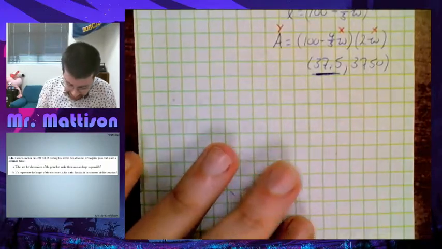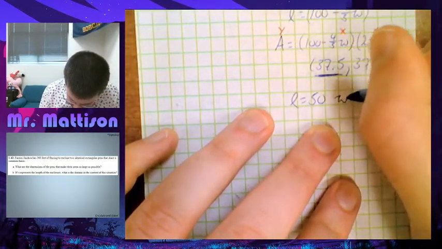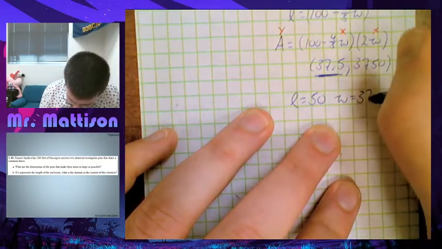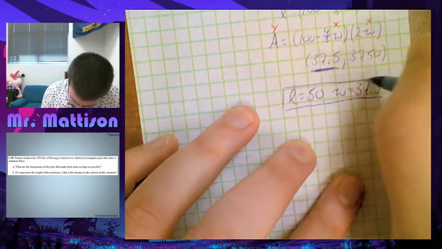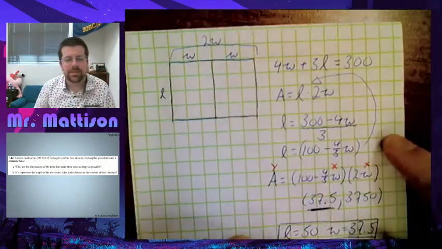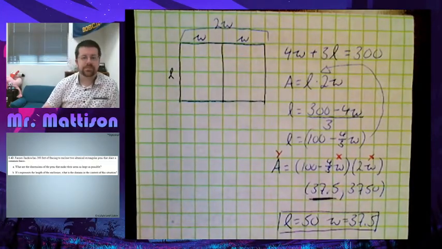So then I would have a length of 50 and a width of 37.5 would be the dimensions of this particular pen that are going to give me my optimal area.